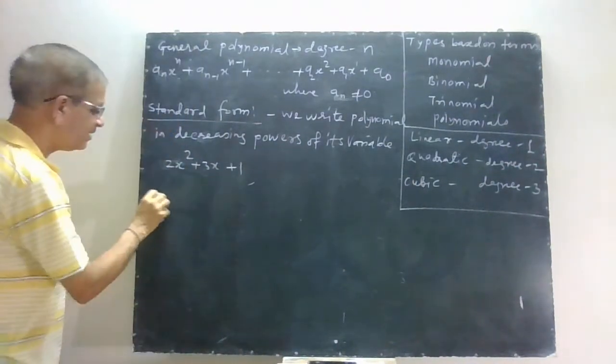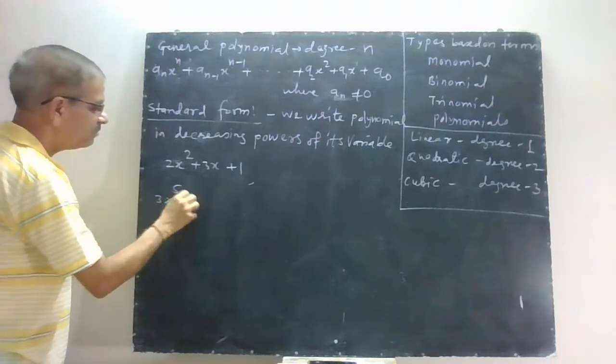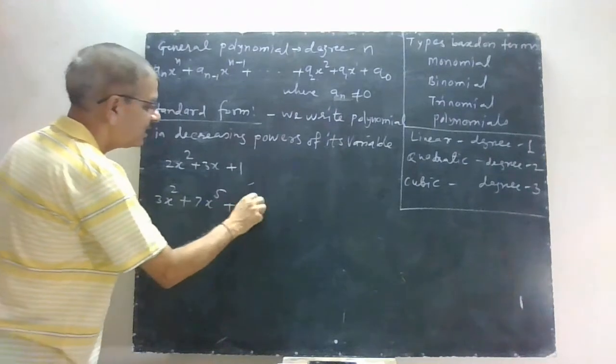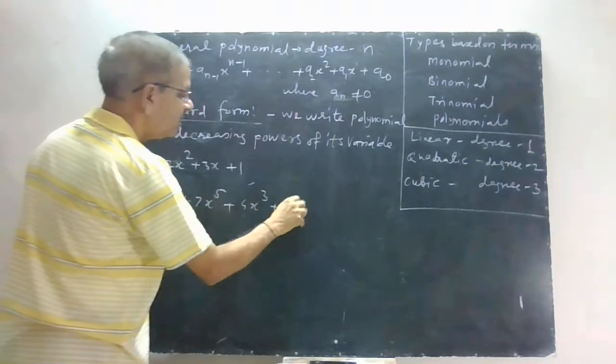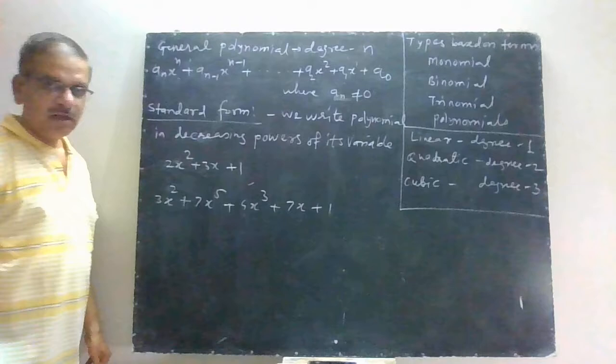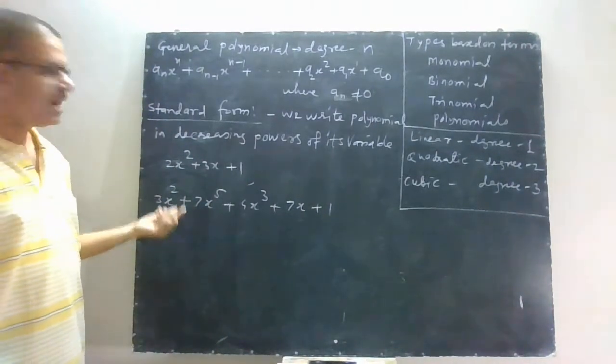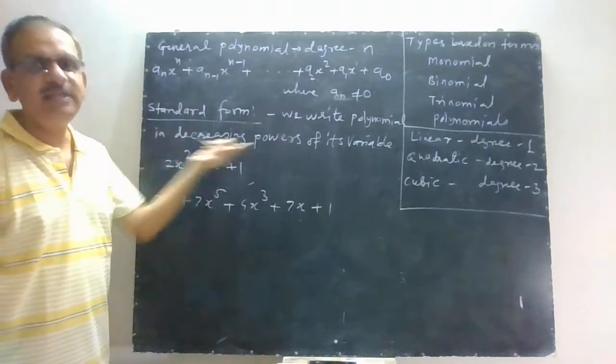So if you have a polynomial 3x square plus 7x raised to 5 plus 4x raised to 3 plus 7x plus 1. Now this is a polynomial, no doubt, but the terms are not written in decreasing powers of x.